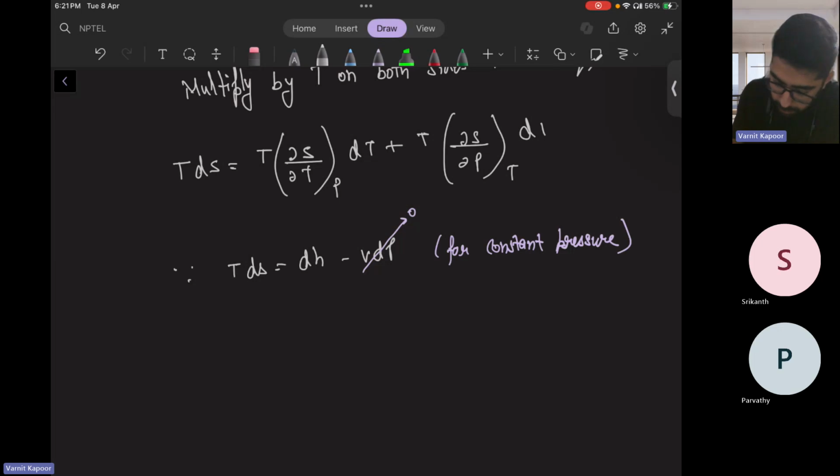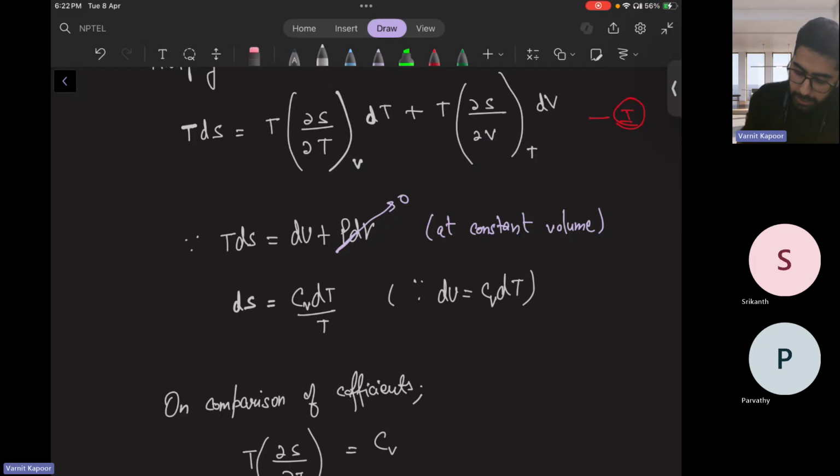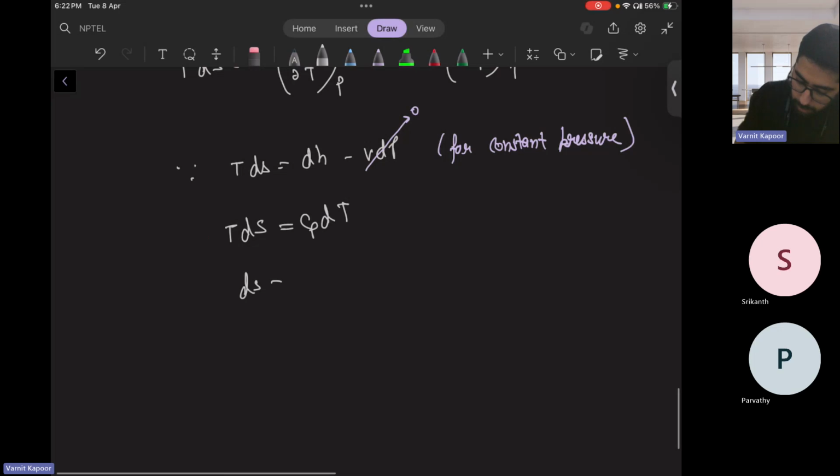So dH can be written as TdS, which is nothing but Cp dT. All right. Clear? Like we did in the earlier case, where dS was Cv dT by T, from here dS will be Cp dT by T.